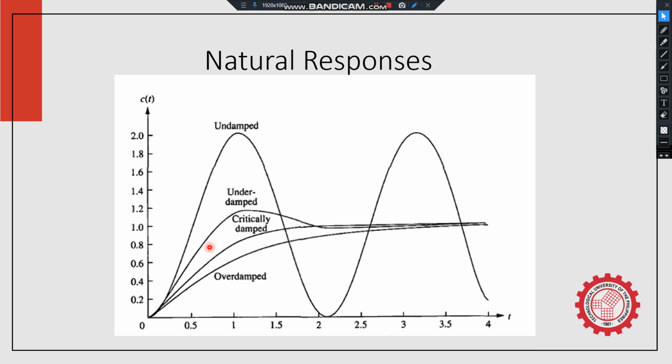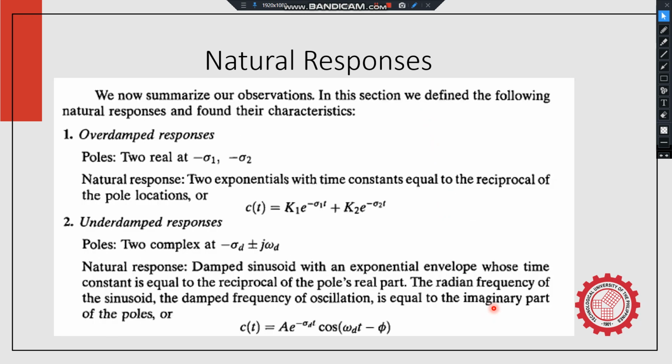So the underdamped somewhat has some oscillation, while the undamped is a full sinusoidal wave, meaning there's no damping.